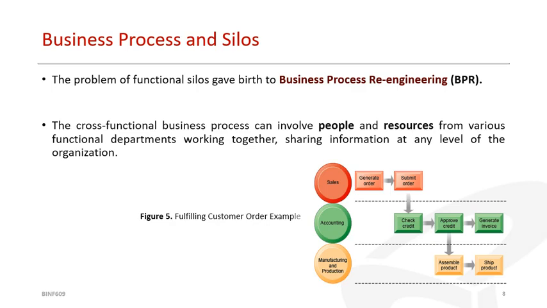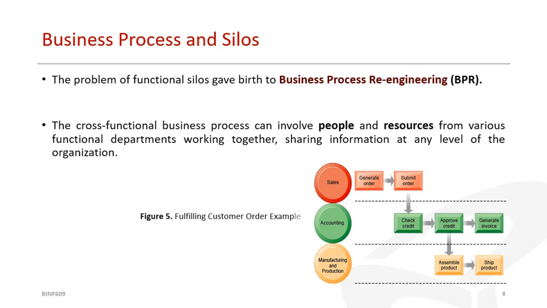For example, sales and marketing area functions would be responsible for identifying customers. Also, human resources function would be responsible for hiring employees. Other business processes cross many different functional areas and require coordination across departments.